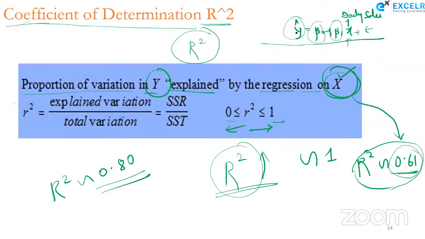And y was your Sunday sales. So if I get an R square value which is very low or just above average like this, it means that this one variable alone is not able to explain the total variation in y, which means that there are some other factors also contributing in determining the value of y.